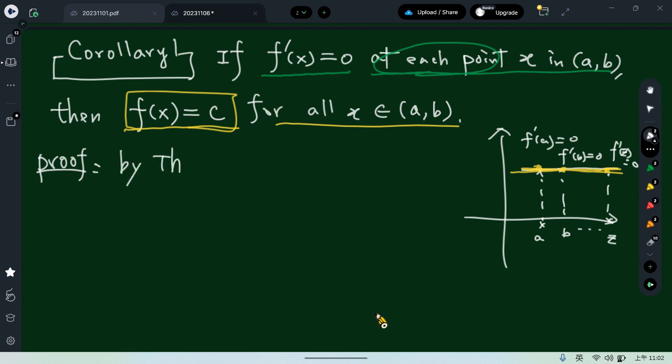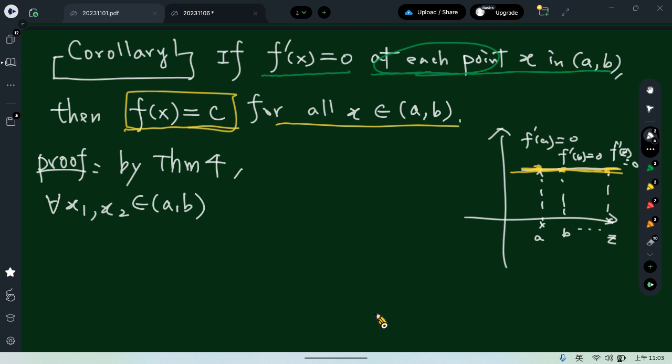And then we also can have a quick proof for that by the mean value theorem. For any x1 and x2 belongs to AB. So I just randomly pick up 2 points from AB, right? AB is open interval. Then I just randomly pick up x1 and x2 from the open interval.